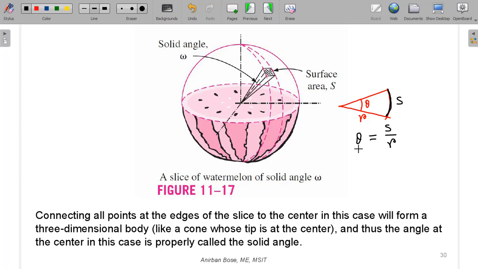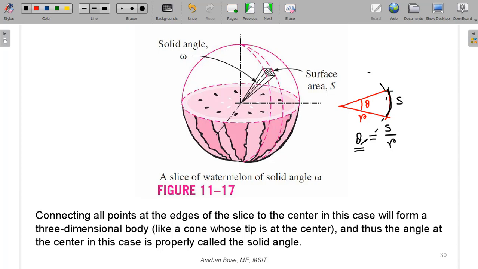This is in 2D how the angle is defined in radian. In case of 3D, the idea is instead of a circular arc, you just consider a spherical region.